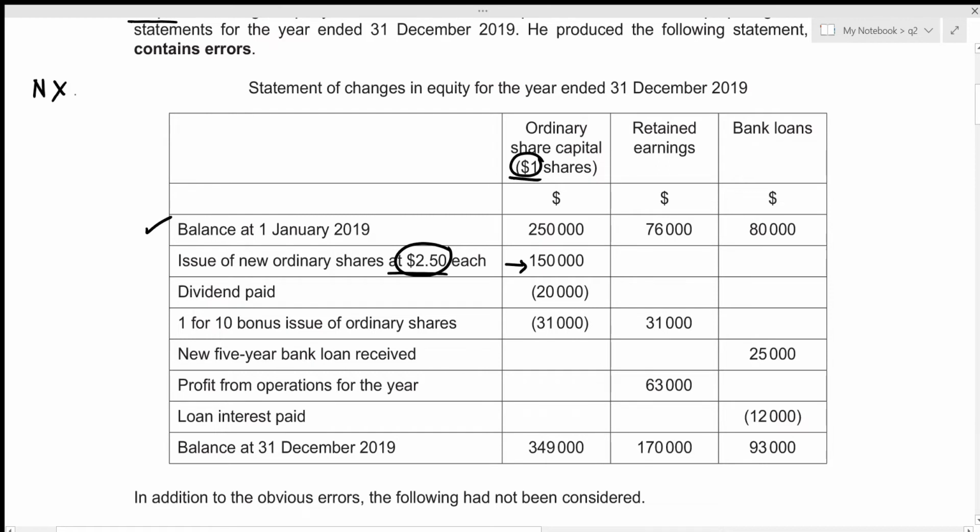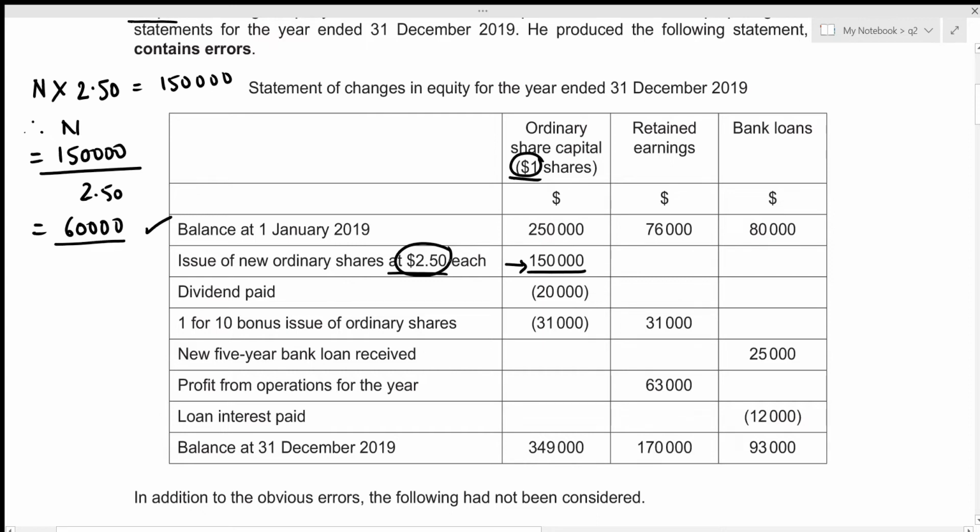Then n times 2.50, which is the rate being used right here, gives the value of 150,000, right? So we can now easily figure out the actual number. That's just 150,000 divided by 2.50, which results in the value of 60,000. So we can say that we actually issued 60,000 ordinary shares at the rate of 2.50.